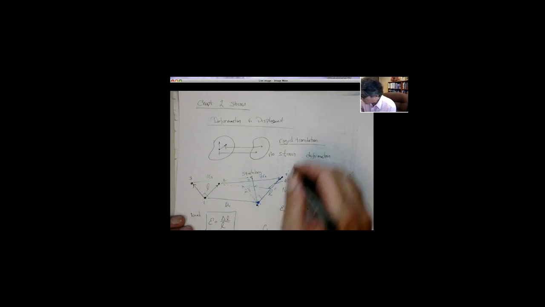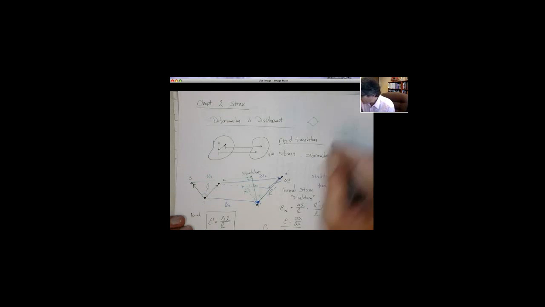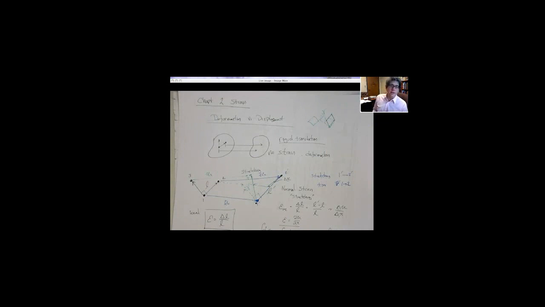So in the undeformed configuration, a little chunk of material that looks like this has now deformed to the following. Where this angle here is gamma. Now, that type of deformation doesn't have any stretching associated with it, but there's still definitely deformation.